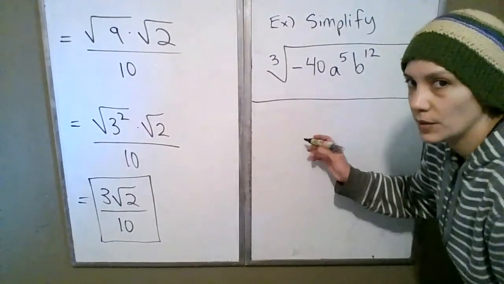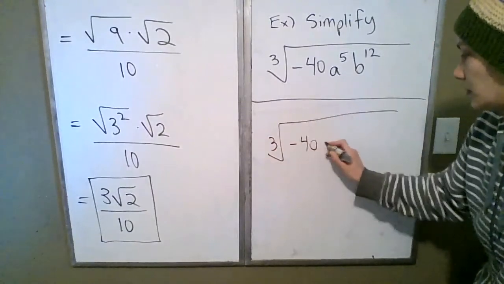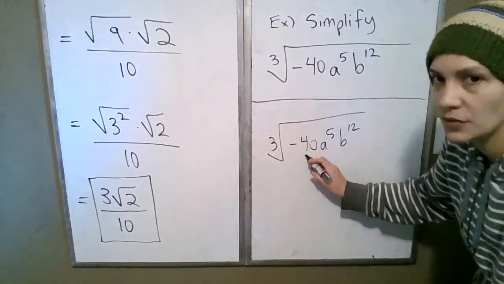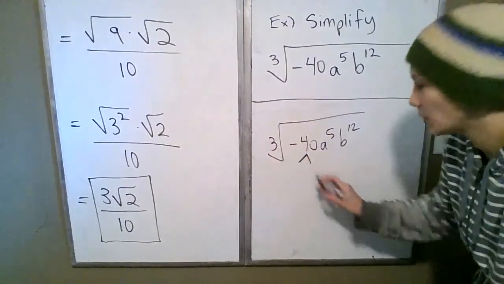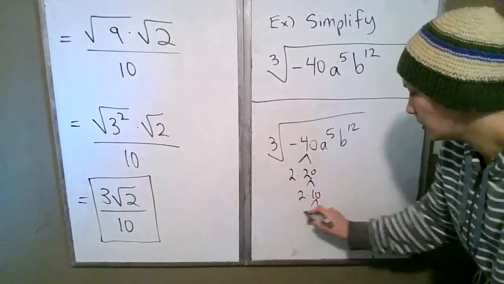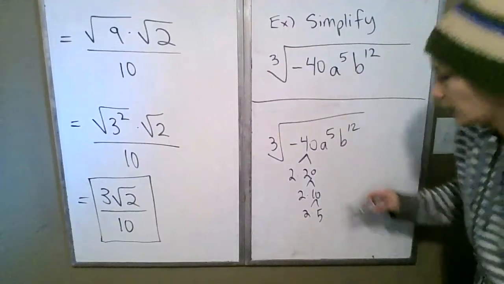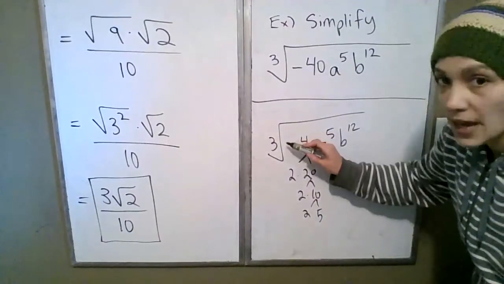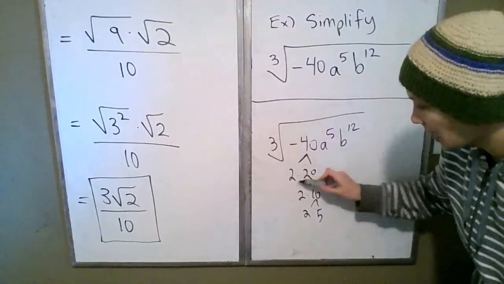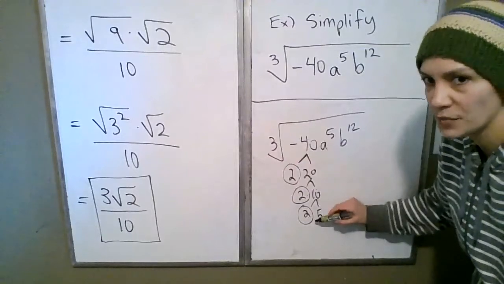Start with copying down the problem. And then factor 40. Do 2 times 20, 2 times 10, which is 2 times 5, and I'm done. So since I have a root 3, if I have 3 of the same factor, that number comes out of the root. I have 3 of the factor 2, so I know I'm going to bring 2 out, but leave this 5 behind.